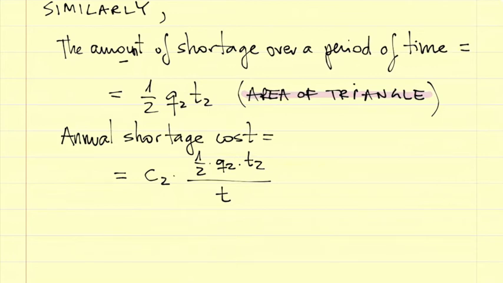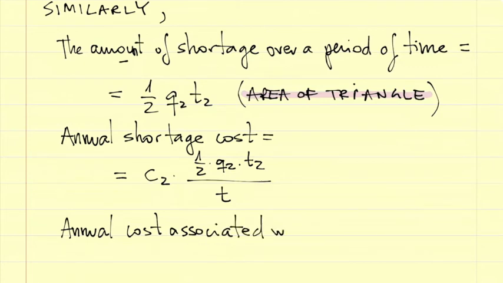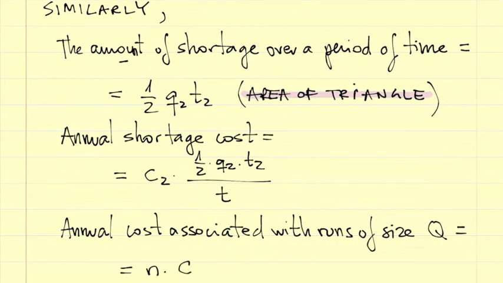And the annual cost associated with runs of size Q is N times CS, and N is the number of runs, so D divided by Q times CS.